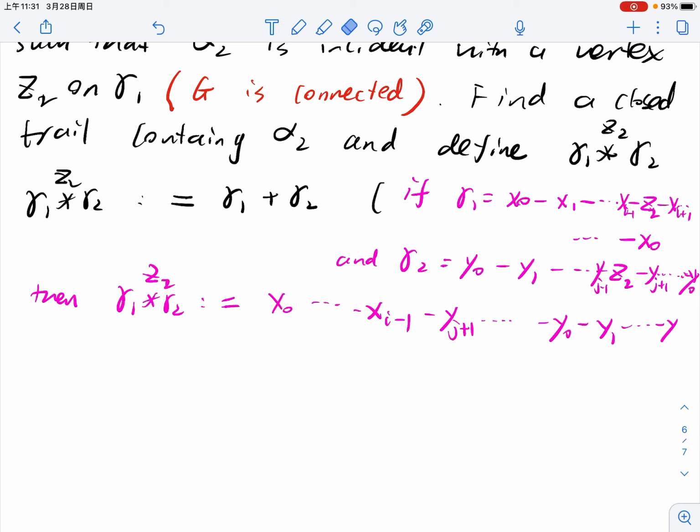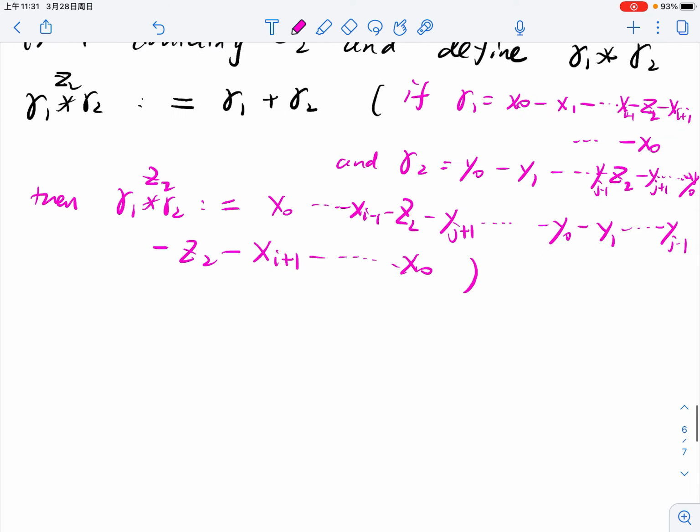Here you should have x(i-1), z2, and here you have y(j-1), then z2 and x(i+1), and so on, x0.